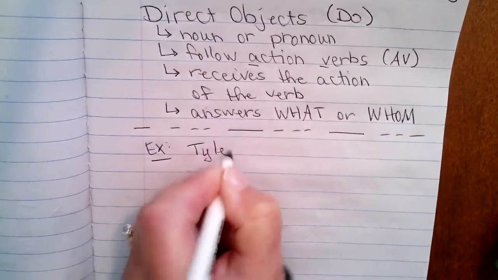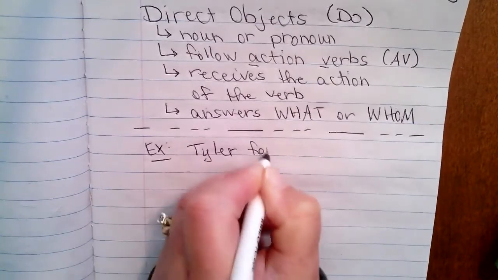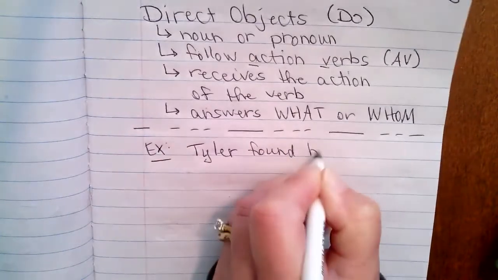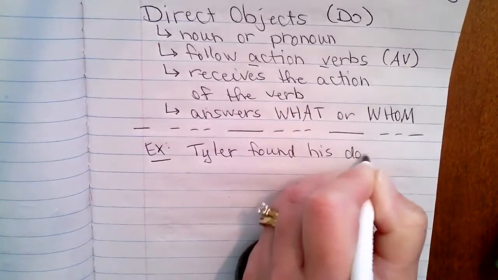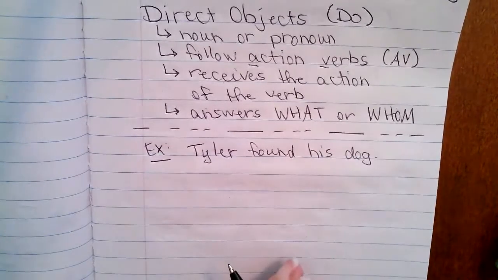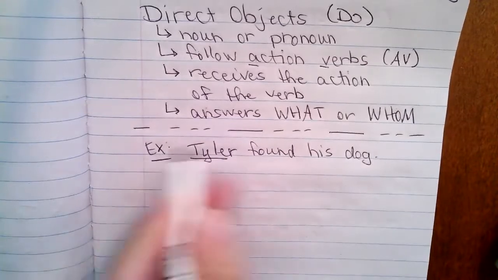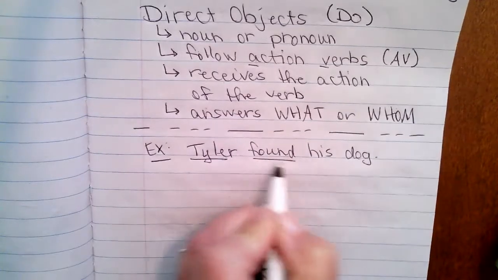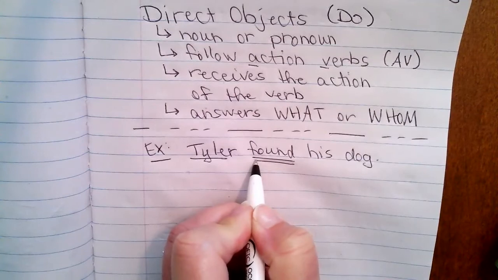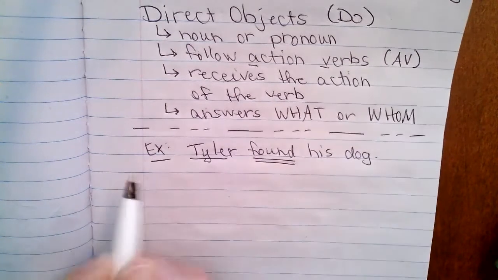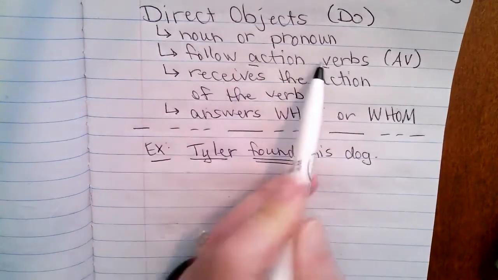Tyler found his dog. So we are going to find our subject. Our subject is Tyler. Now we're going to find our verb: found. Now remember, one of the things for a direct object is that it has to follow an action verb.